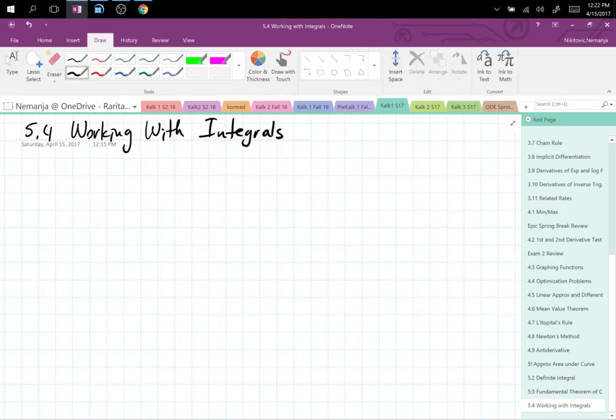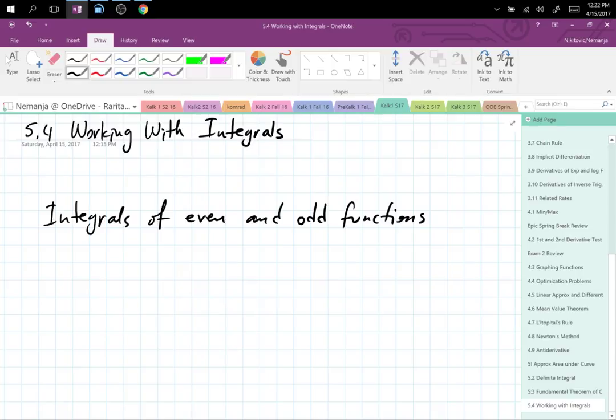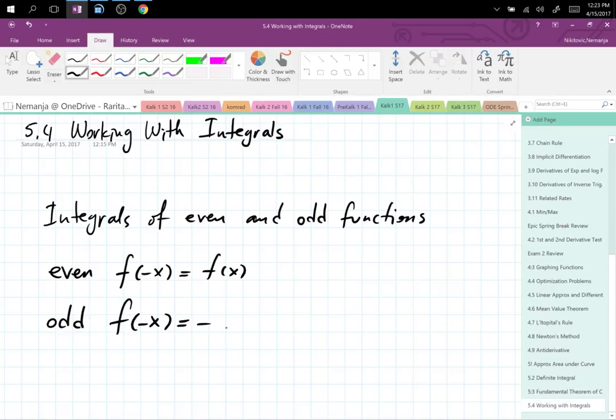First, an even function is defined as f of negative x is the same as f of x, and an odd function is defined as f of negative x is negative f of x. So these are the definitions for even and odd functions.